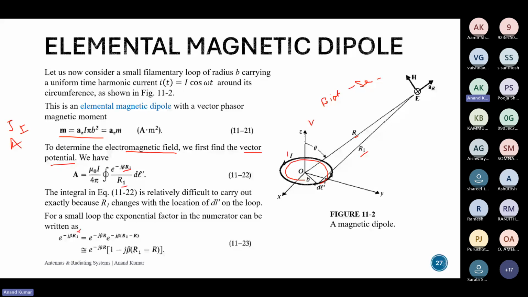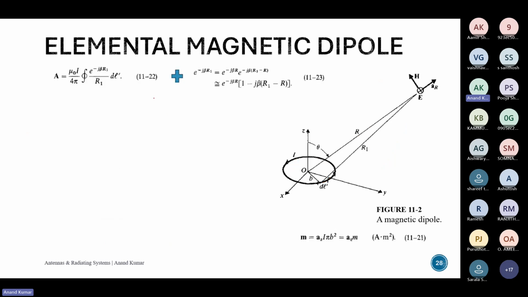So we added and subtracted r over here, and now this particular term is constant because this r is from the center of the loop, and this exponential over here can be approximated in this form: 1 minus j beta r minus r1 minus r. So this is the approximated value for this term over here. Okay, so we have approximated this exponential term.